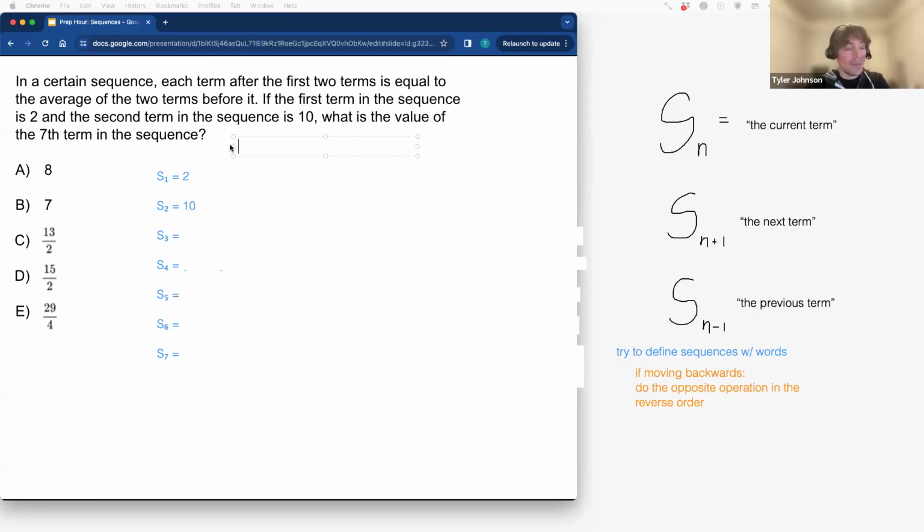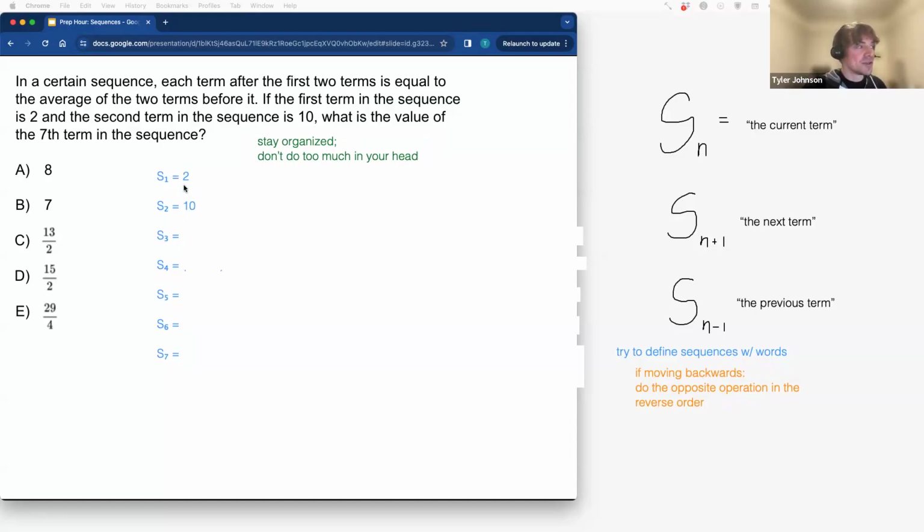It's just a matter of staying organized. And make sure you don't do too much in your head. The more you try and do in your head, the easier it is to just make a simple mistake. So I would just be really meticulous with my scratch work to make sure I don't mess anything up.